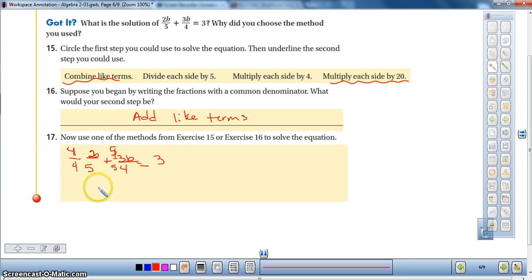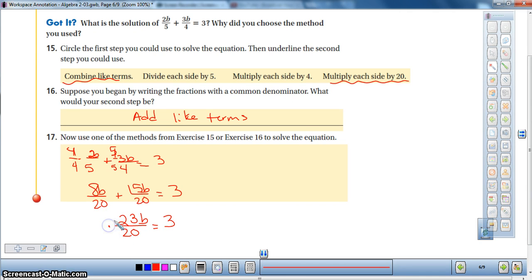So we are now going to have 8b divided by 20 plus 15b divided by 20, still equal to 3. 15 plus 8, we're going to add those two together. We should have 23b divided by 20 is equal to 3.